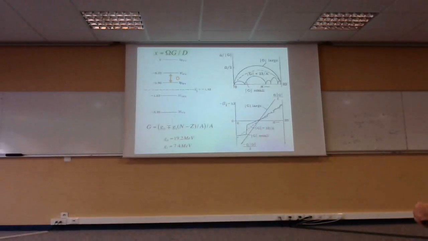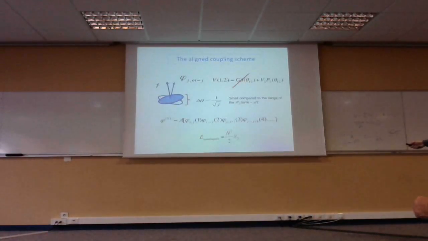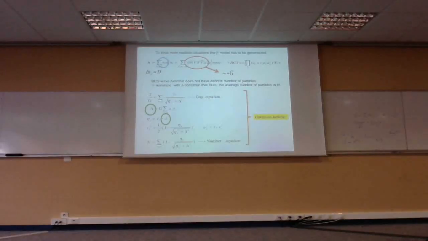So essentially the structure of the problem is one where the ingredients, if you remember in this Hamiltonian, is the constant G, which measures the strength of these correlations, and the single particle degree of freedom, which is the distance of the single particle energies.